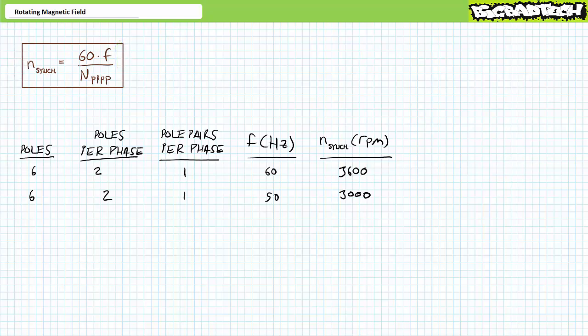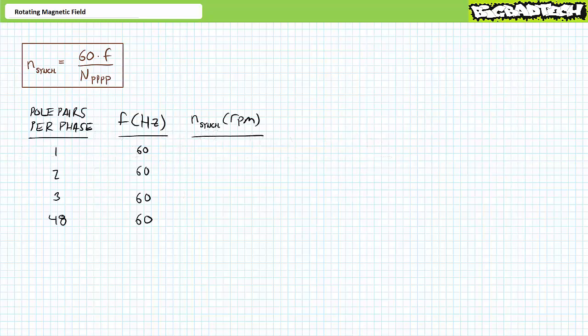Let's now examine how the number of poles, poles per phase, or pole pairs per phase influences synchronous speed. Consider the following selection of motors with the indicated number of pole pairs per phase, all operated at 60 Hz. As previously, a single pole pair per phase motor operated at 60 Hz has a synchronous speed of 3,600 RPM. The second motor, with twice the number of pole pairs per phase also operated at 60 Hz, has a synchronous speed of 1,800 RPM.